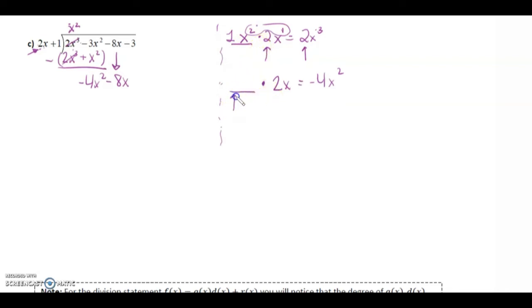So what coefficient times 2 is going to give us negative 4? Well, negative 2. What variable times x is going to give us x squared? x. So we'll put a negative 2x here. Negative 2x times 2x is negative 4x squared. Negative 2x times 1 is negative 2x.